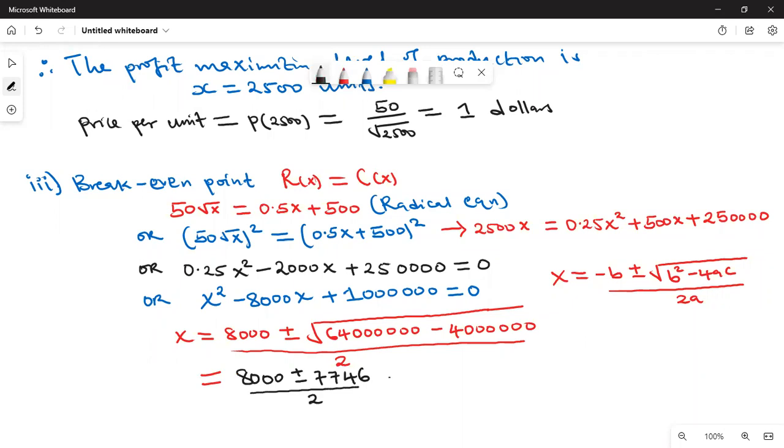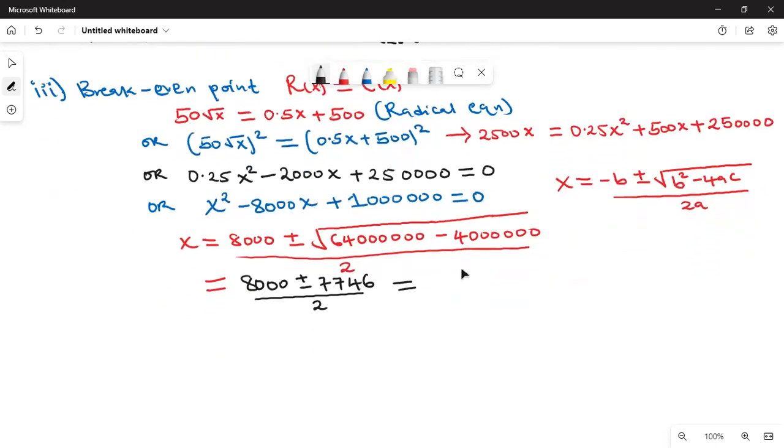And you see x cannot be negative. So let's start with the positive part. 8,000 plus 7746 divided by 2. What are we going to get?